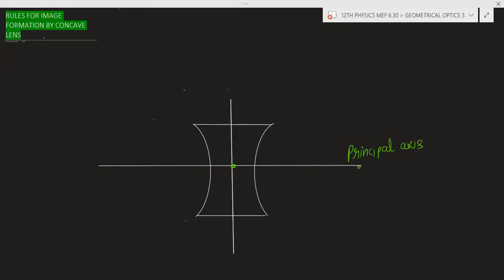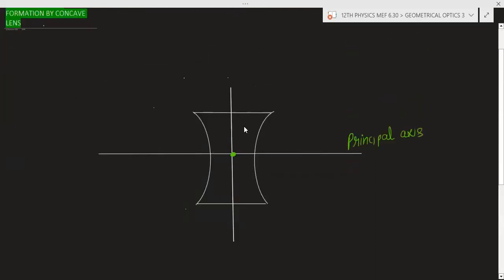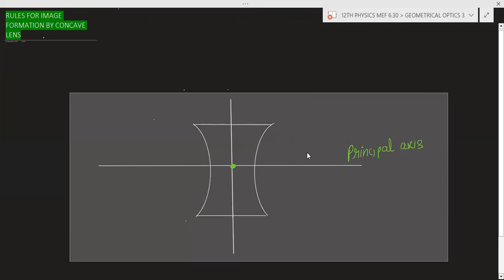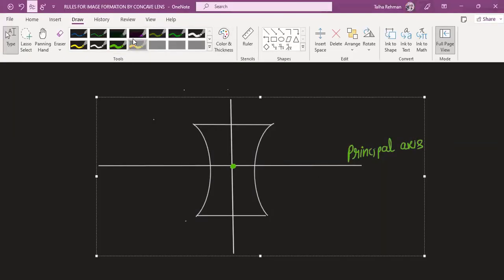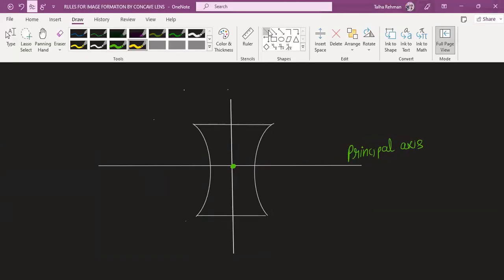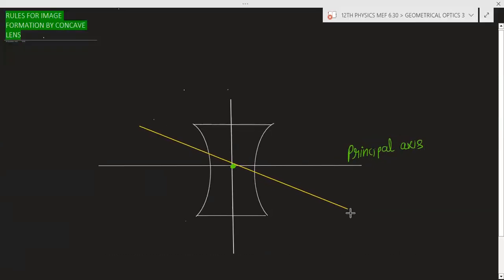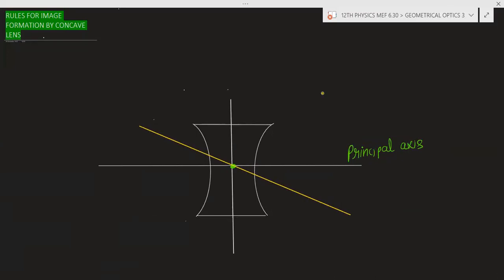Here is the pole, here is the optical center. So the first rule for this concave lens is whenever a ray of light is passing from the optical center, it will pass straight.